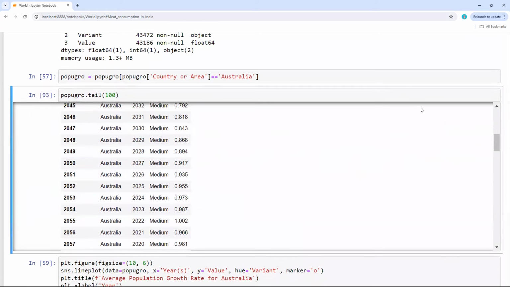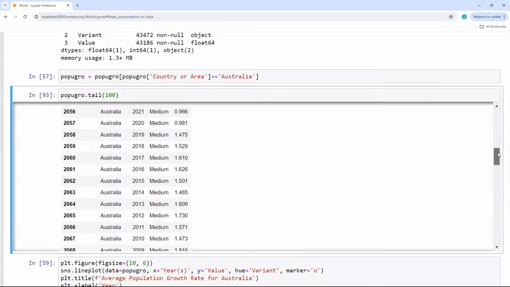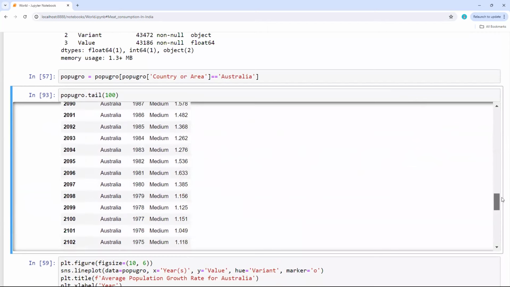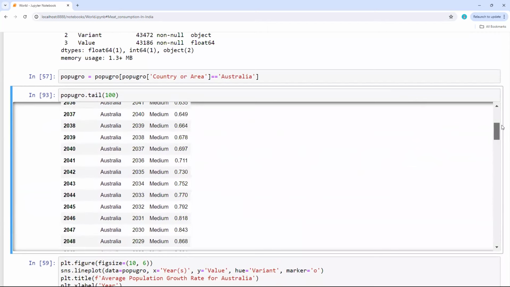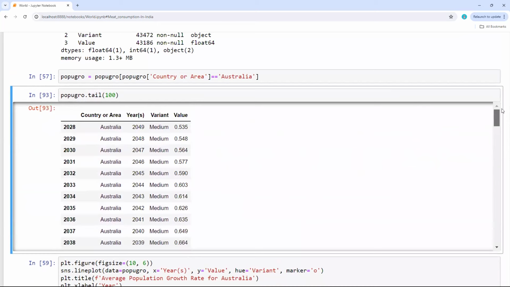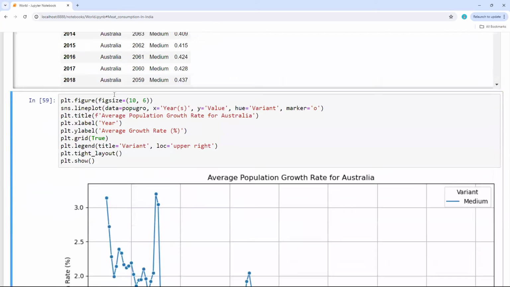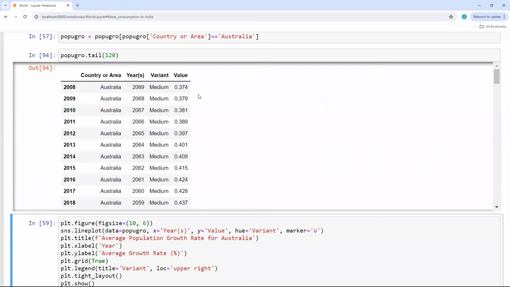Sorry, I need to go down. Now 2008 is 0.3 percent, and 2009 is 0.3, and year on year it is increasing till 2008.